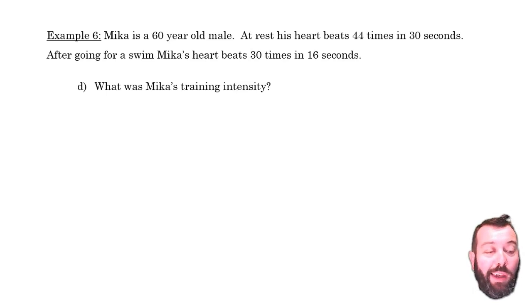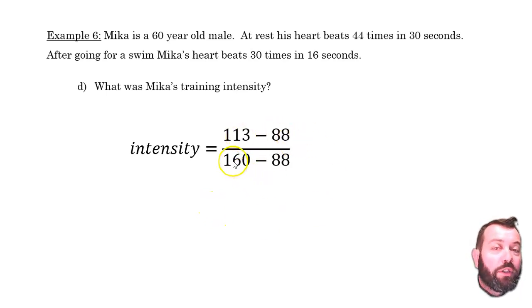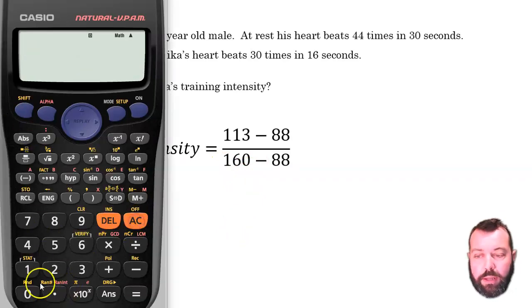And can we describe that as an intensity level? Now we're going to go back to that formula. So our intensity is the difference between the training and resting divided by the difference between the maximum and resting, right? How much we've increased it over how much we could increase it. Right, let's pull out the calculator to do that one. Clear that away.